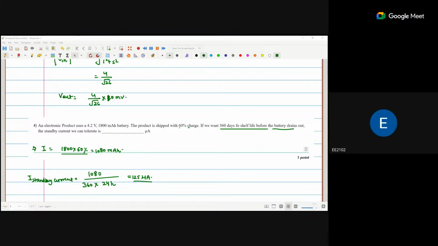The output of the linear regulator increased to 30. The line regulation of the linear regulator is 20 millivolt per volt. The band gap has a line regulation of? Okay, so this is the circuit.